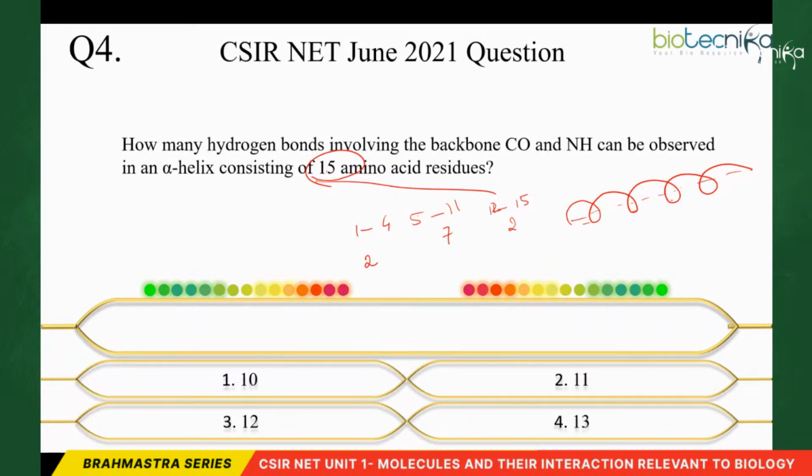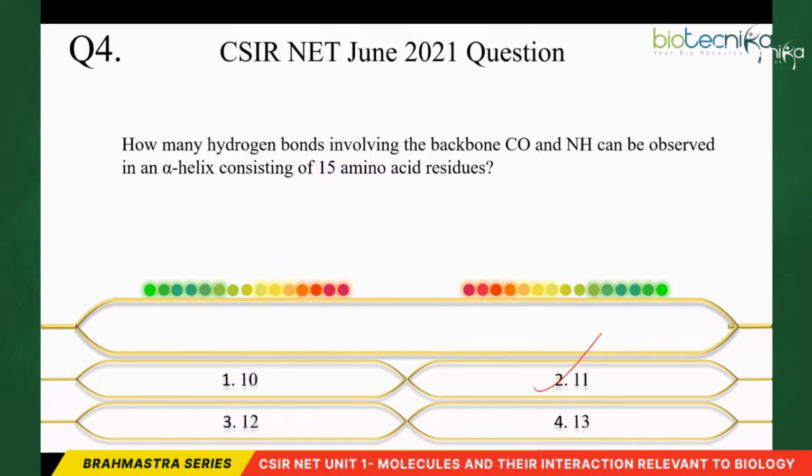Okay, so I said in between the amino acids they would have one hydrogen bond, whereas 1 to 4 and 12 to 15 they would have half, so 2 and 2. So 2 plus 2 plus 7 is 11. But you can directly subtract 4 from whatever is given for such kind of questions. So like that, the answer would be 11.